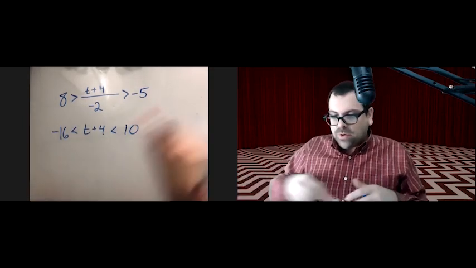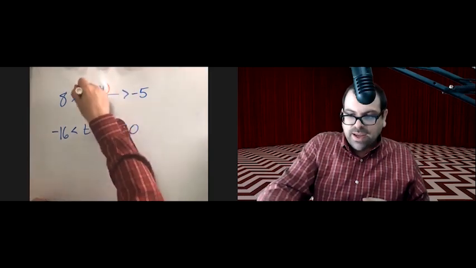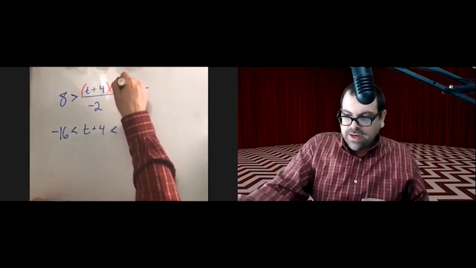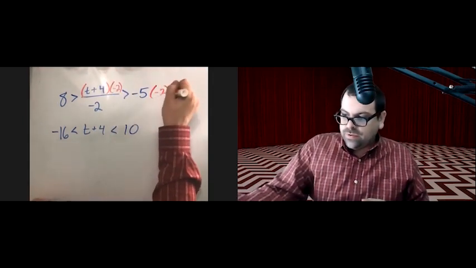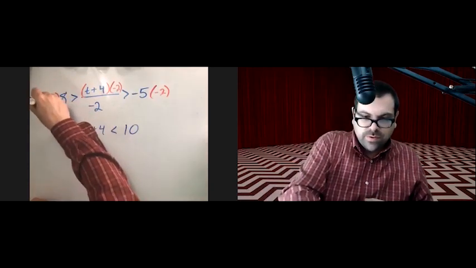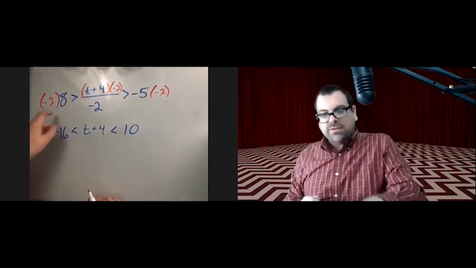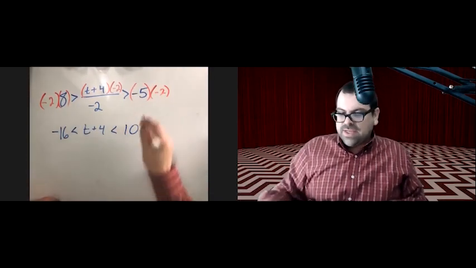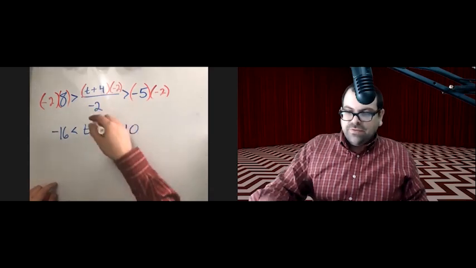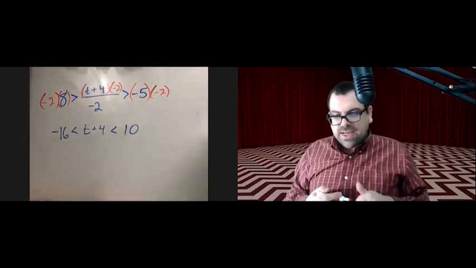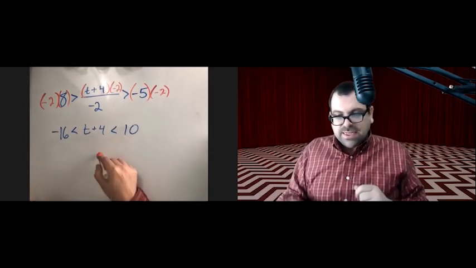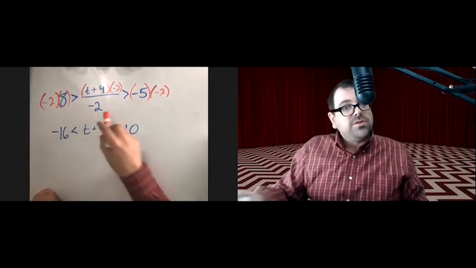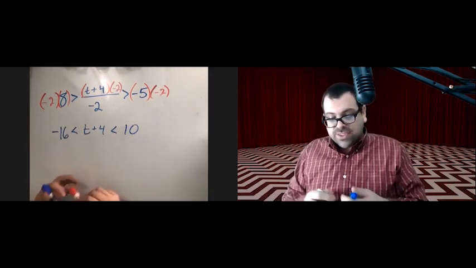So why does that work? It's because we are multiplying everything by negative 2. Negative 2 times 8. Negative 2 times negative 5. Negative 2 times the middle cancels those out. Just leaves us with the t plus 4. Since we're multiplying by a negative number, that switches these signs.